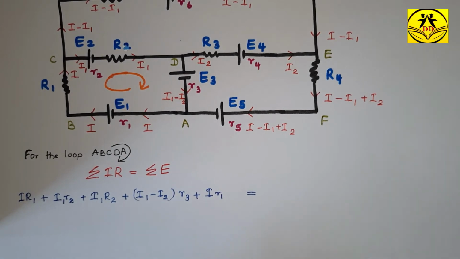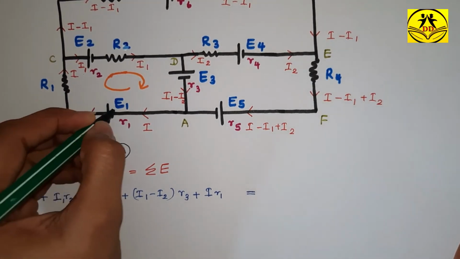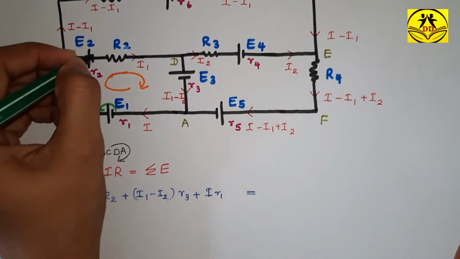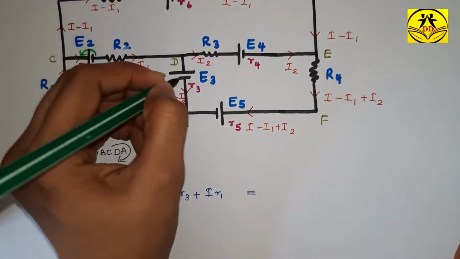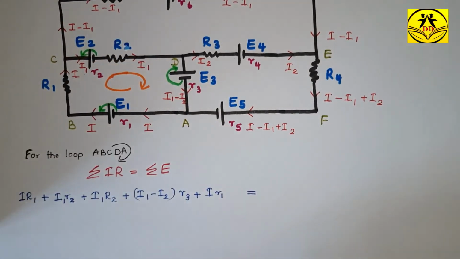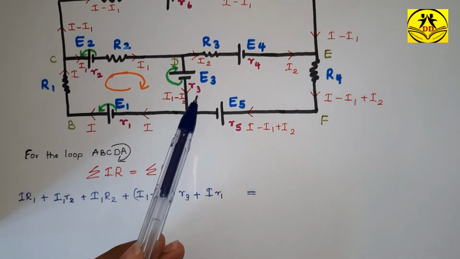Now here you know the directions of the EMFs are marked from negative to positive. So I'll mark it like this: negative to positive, negative to positive. That's the direction of the EMFs. So now the direction of the loop we consider is here.